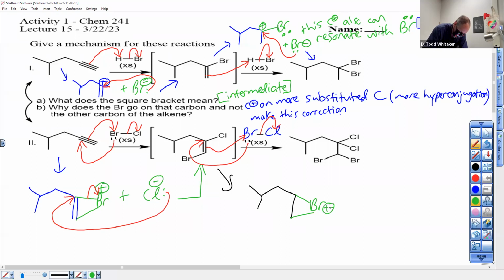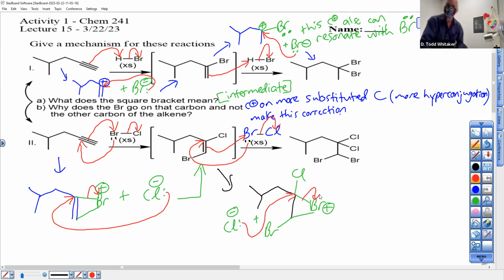And it's got the old Cl on there. And it had the old Br on there. And you made a Cl minus. Does the same thing it did before. Backside attack on the more substituted carbon, because that's the carbon that spends more time with a positive charge.